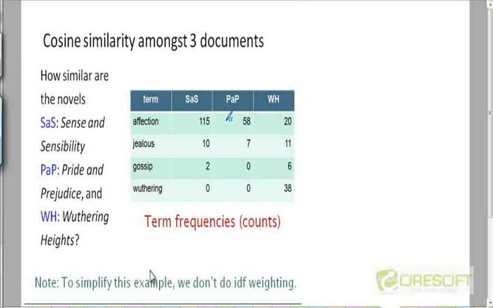That's what we first need to do in order to represent them in four-dimensional space. So for these term frequencies, what would be the TF-IDF scores? Let's compute the TF score, compute the IDF score, and then multiply the two.